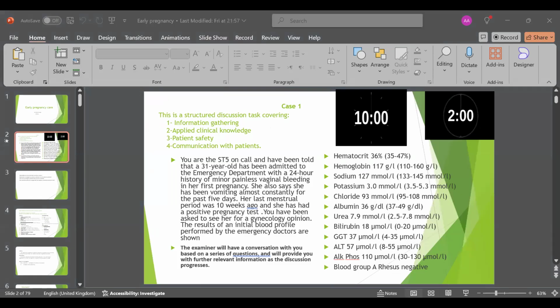Let me see who can share this task with us today. So who wants to share the first task with me today?